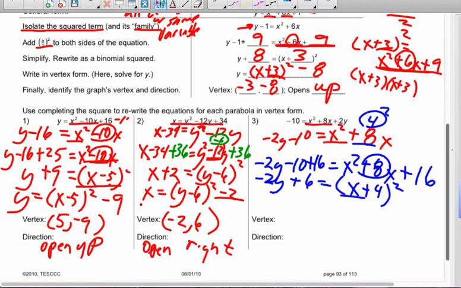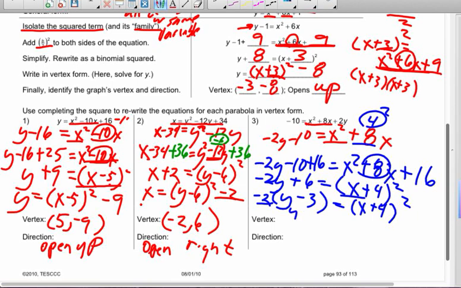All right, so now I still have a little bit of a problem because I want a y equals. So what I'm going to do is factor a negative 2 out of here. That's going to leave me with y minus 3 will equal x plus 4 squared. And then the first thing I need to do is divide by my negative 2.